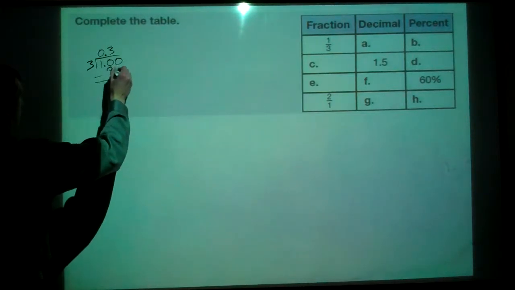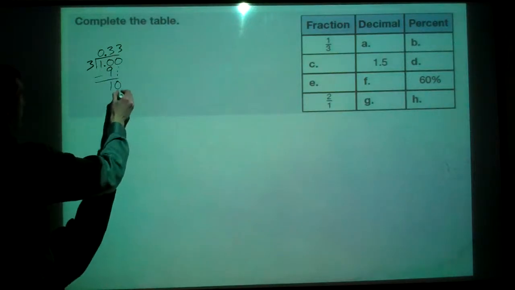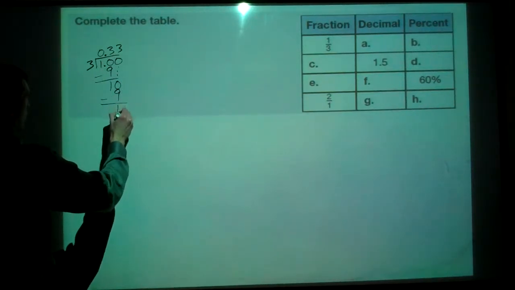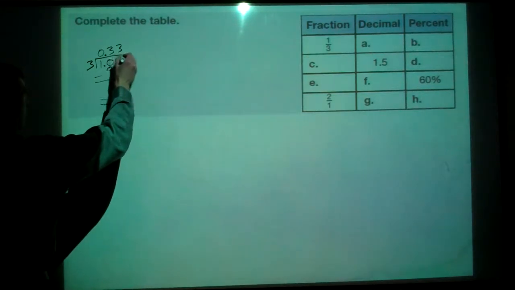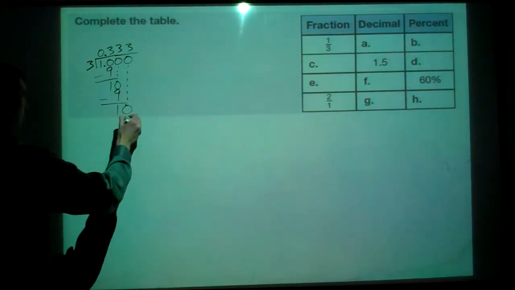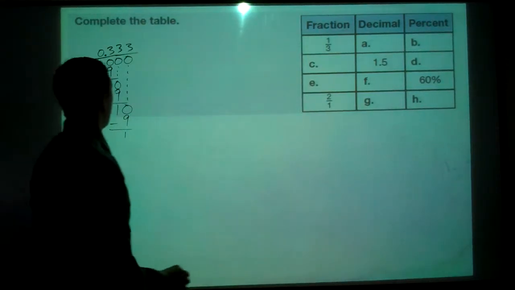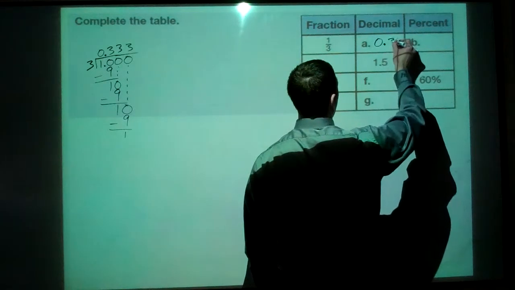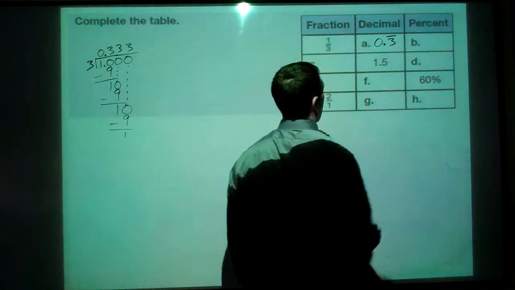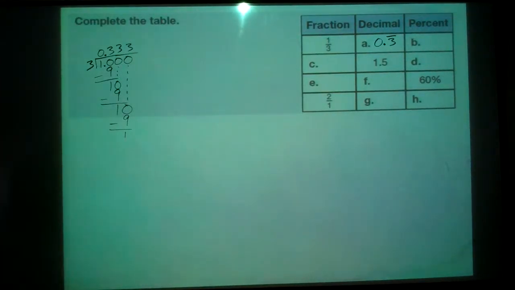Subtract, we get a 1 again. 0. 3 times 3 is 9. We'll get a 1. So we're going to see that we will keep getting 3's. Okay? So how we would write that is we use our little bar. 0.3 repeating. Just like that. Okay? That 3 goes on forever.